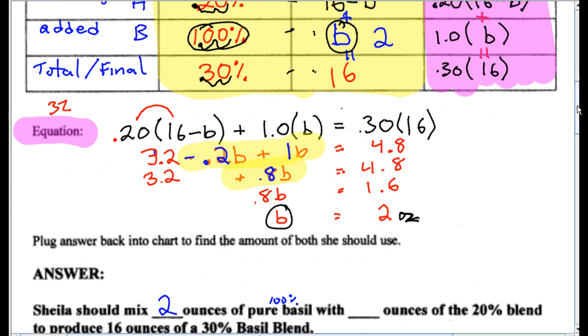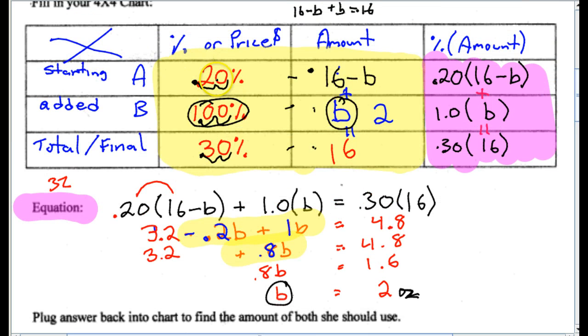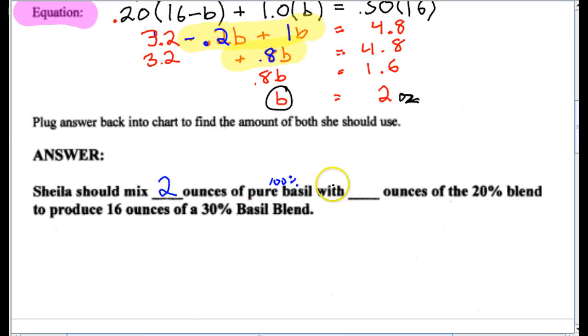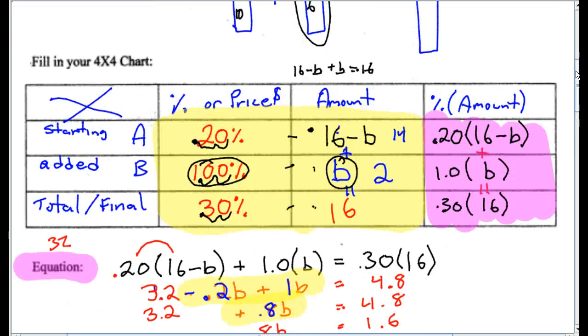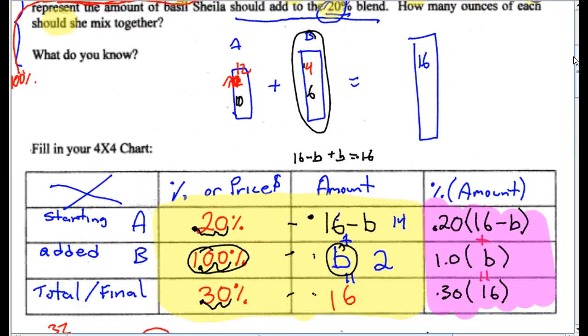So how much of the 20% do we need? 14. Yeah, 14, 16 minus b. 14 plus 2 is 16. So this is one full problem from beginning to end with all explanations involved.